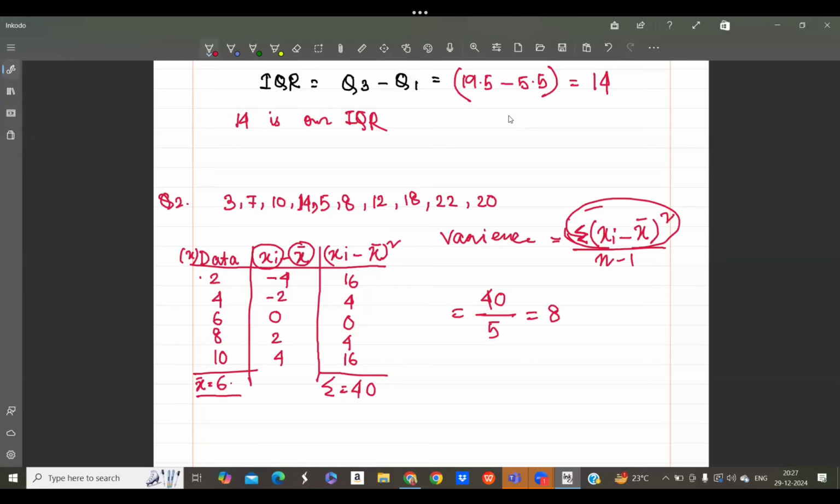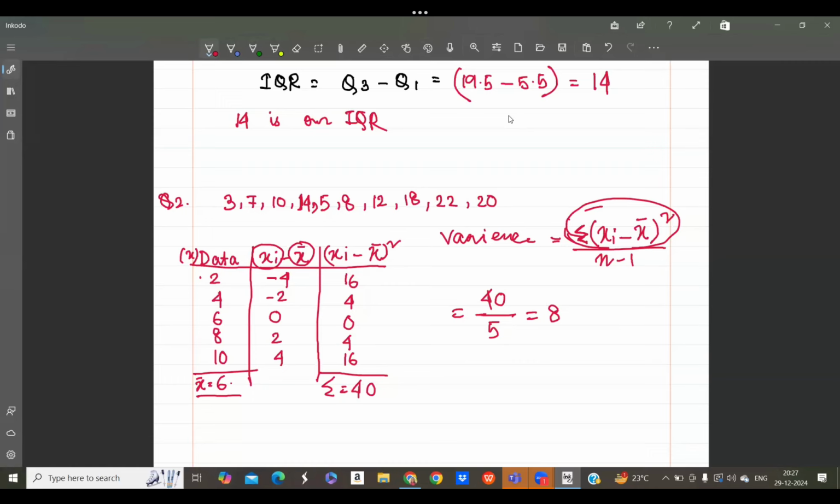Variance. Okay. Here, let me tell you one thing. There are two different formulas. One is the whole thing, the upper thing will be same, and below there will be only n. So if you have n, then 8 is the answer. If you have n minus 1, n minus 1 we use when we are dealing with sample data.